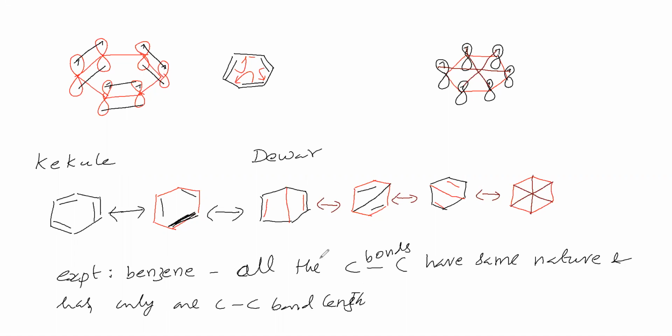In benzene, all the carbon bonds have the same nature and there is only one C-C bond length.